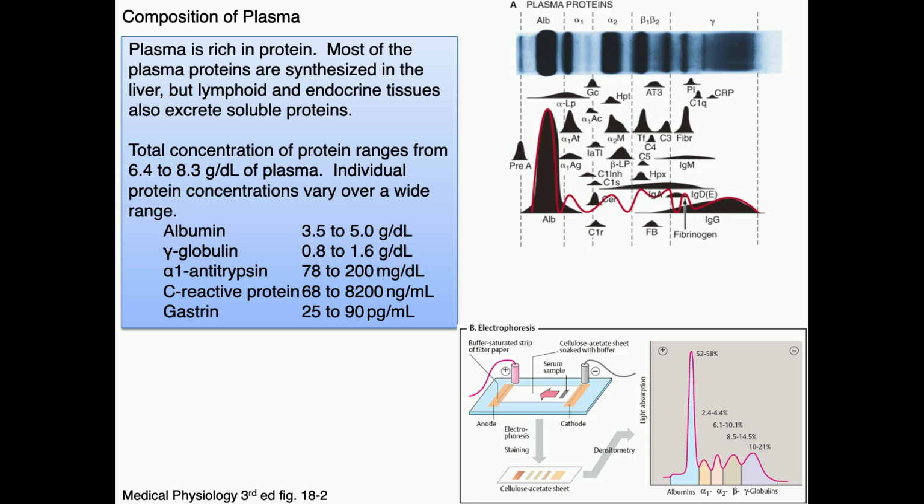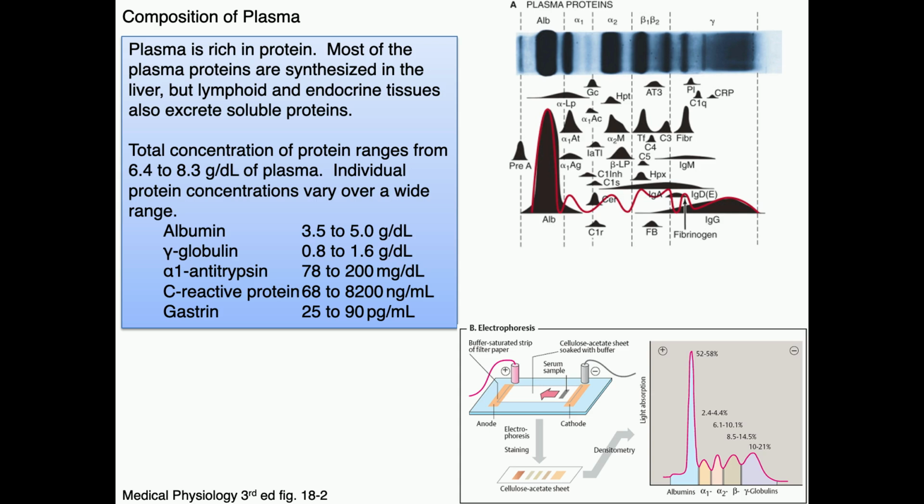And if you look at the concentration ranges of the different proteins, the concentration ranges vary over vast orders of magnitude. Okay, so some proteins like albumin, which is the most abundant protein in the blood, that's in that grams per deciliter, very high concentration range.